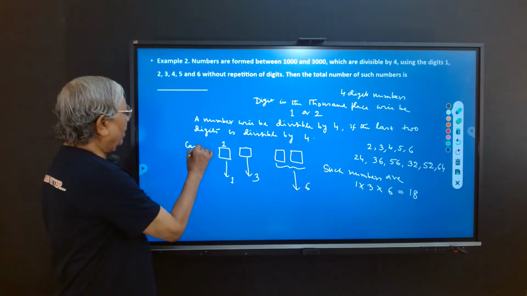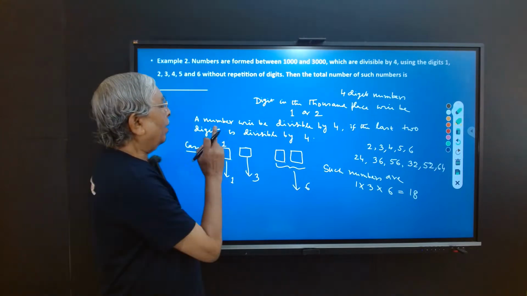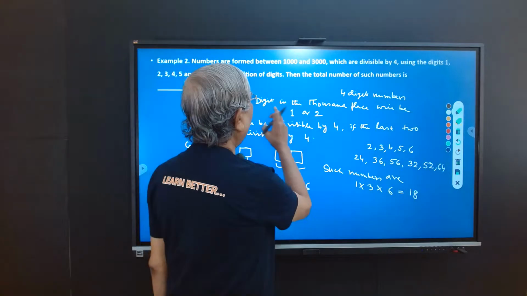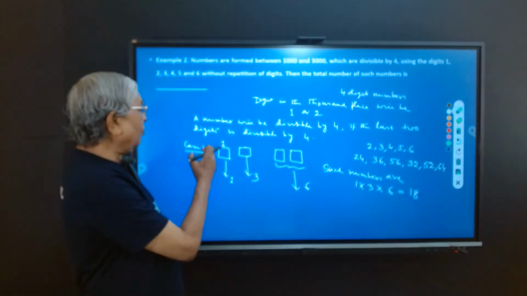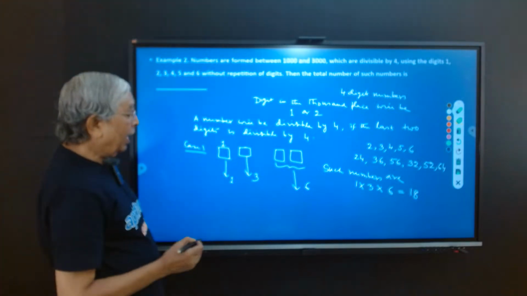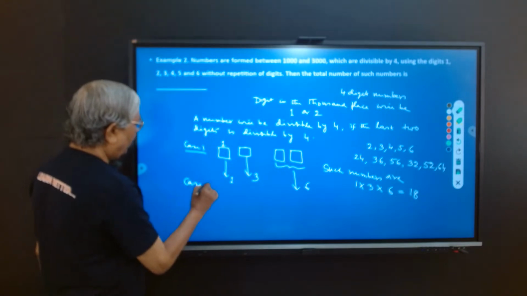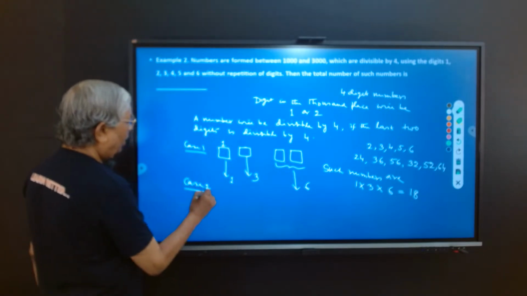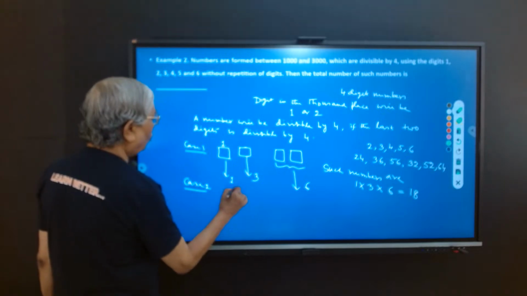Why is it case 1? I have written a number divisible by 4, and the digit in the thousand place will be 1 or 2. So in the first case we have taken the digit in the thousand place as 1. Second case, when the digit in the thousand place is 2.